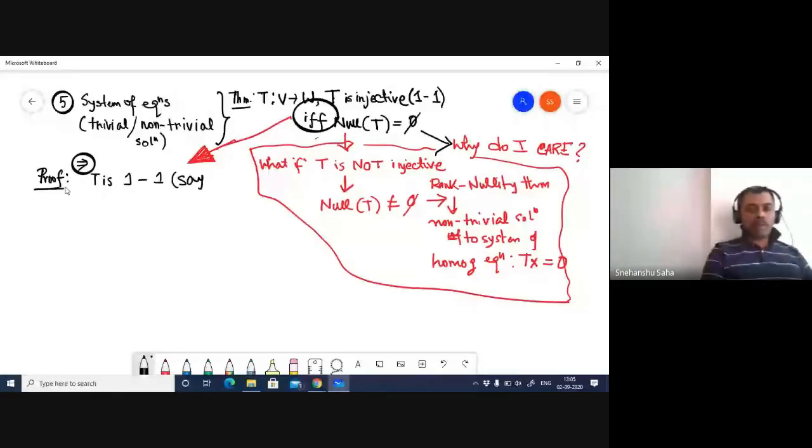Now we also know that the null space of T is a subspace of V. And therefore, by virtue of null of T being a subspace of V, null of T must contain the 0 vector, right?